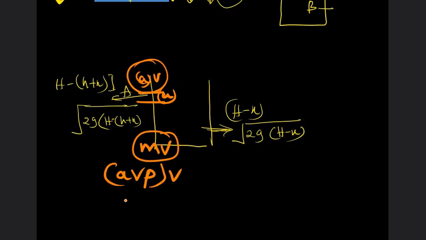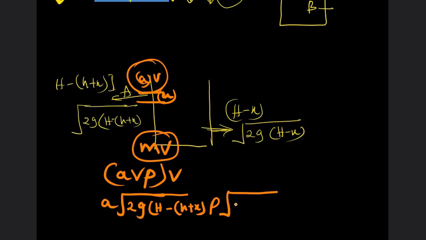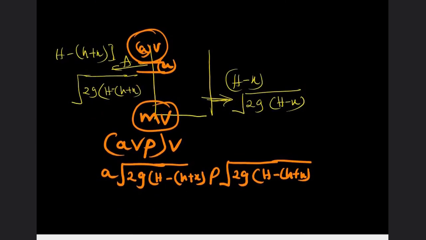So A, velocity is root 2g (H minus (h plus x)), into rho. Again we multiply by the velocity, root 2g (H minus (h plus x)), so the root value will cancel off.